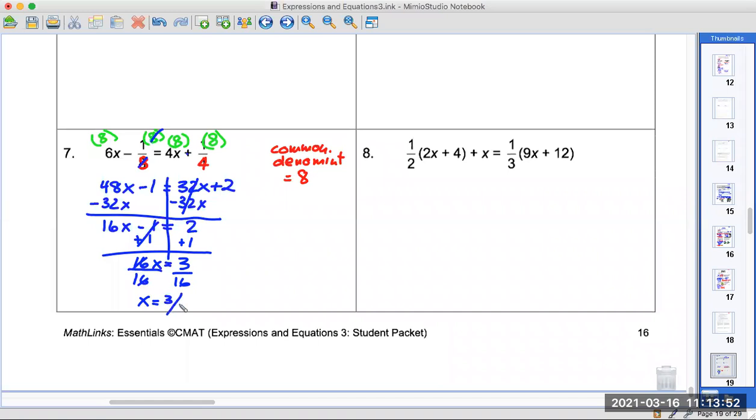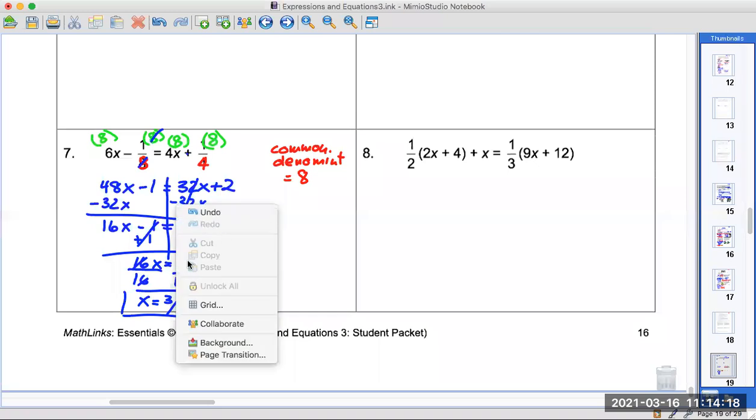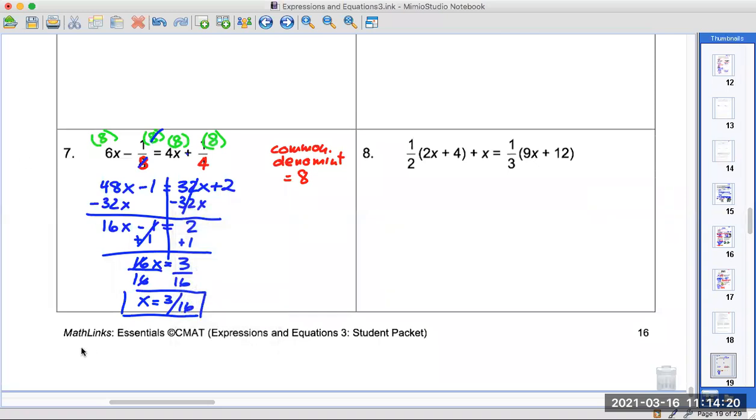X is 3/16. That's a rational number. So your answer might be a fraction. It's not a big deal. Use 3/16 rather than dividing. If you divide 3 by 16, it'll give you 0.1875, which is an ending decimal, which is also a rational number. But this is much more accurate. 3/16 is okay. The part up here that's tricky is probably getting rid of the fraction.